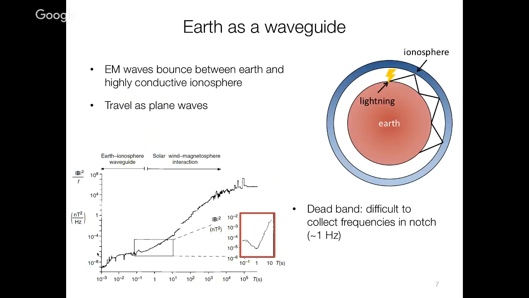The Earth is also a conductor. So to first order, the electromagnetic energy propagates between the Earth and the ionosphere and keeps bouncing around, like a waveguide. This is what allows lightning strikes in Brazil to have an effect and help us do experiments way up north in North America.